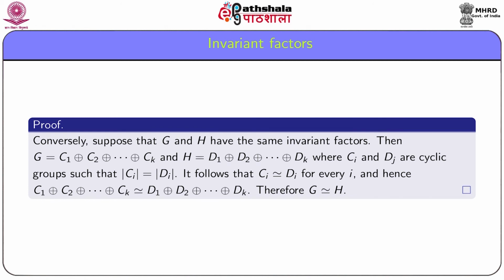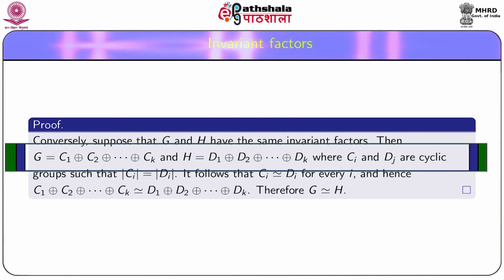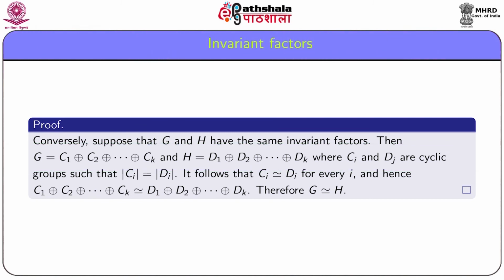For the converse, assume that G and H are two groups having the same invariant factors. Then G is equal to C1 direct sum C2 direct sum Ck and H is equal to D1 plus D2 plus so on plus Dk, where Ci and Di are cyclic groups such that order of Ci is equal to order of Di.